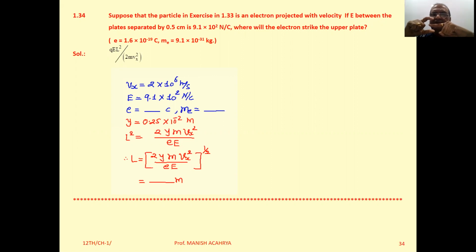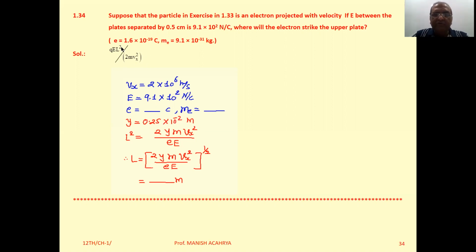So when it strikes the upper plate, the vertical deflection is 0.25 centimeter. So here indirectly y is given to you, 0.25 into 10 raised to minus 2 meter.